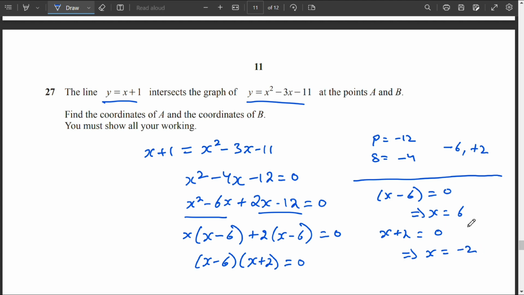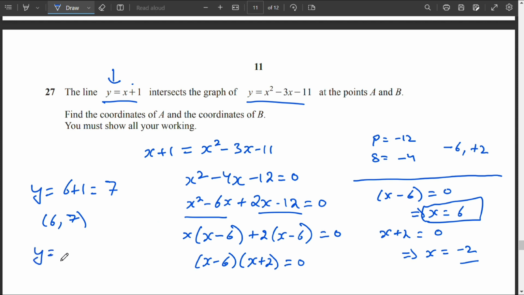Now see, when x equals 6, what is y? So we can substitute it over here. So y will be, substituting x as 6, 6 plus 1, that equals 7. So one of the coordinates is 6, 7. And when x is minus 2, substituting over here only, you get y equals minus 2 plus 1, which is minus 1.